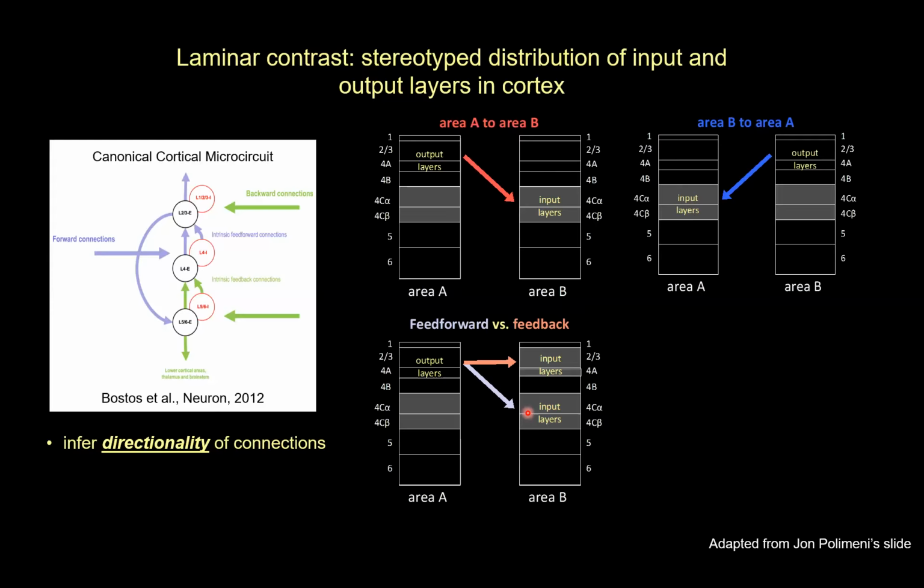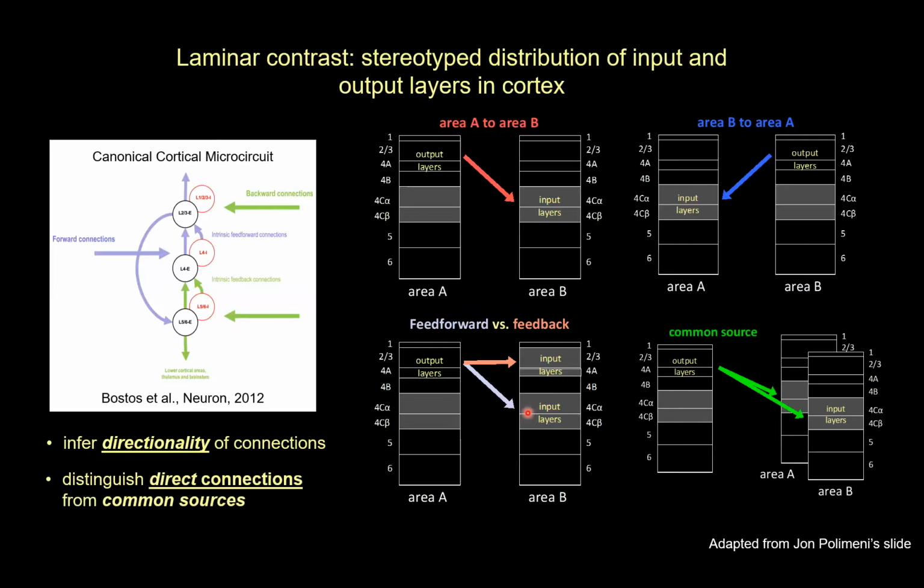Another advantage is that for two regions, if you want to check whether their interactions are mediated by a third region, we can also check the layer profiles or layer connectivities with the third brain region, and if the connections are strongest in the same layer for both regions, that probably suggests their correlations arise from a common source.